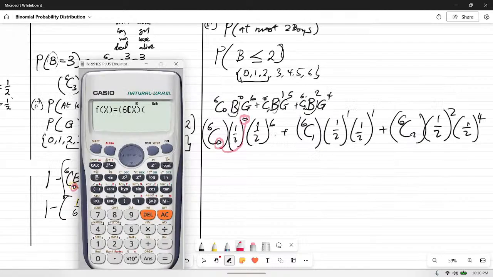So open bracket, half exponent x, then we open bracket again, half exponent 6 minus x.